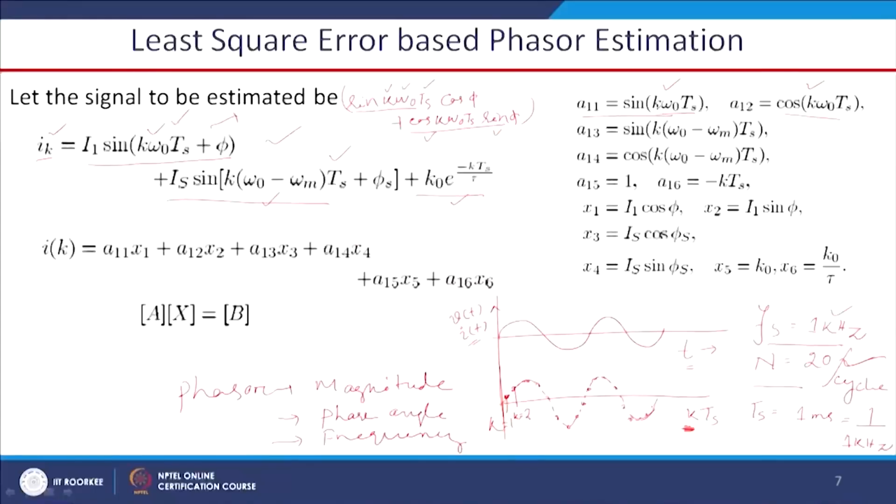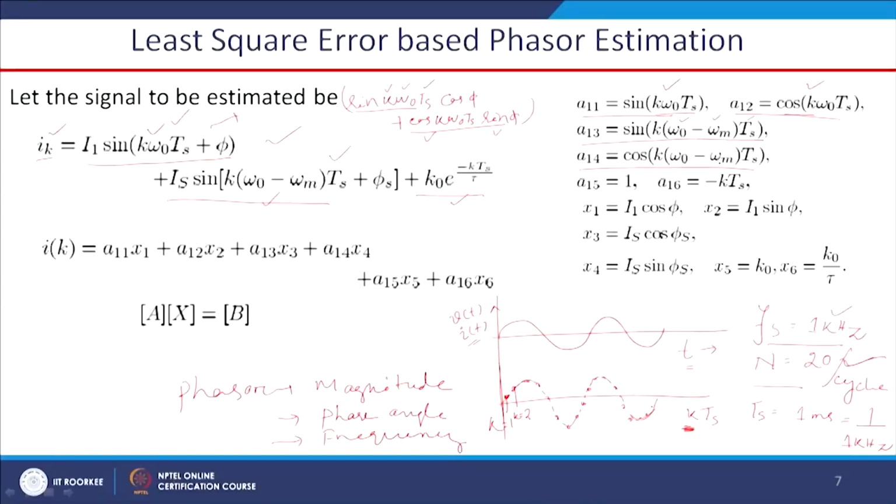That is what we have designated as A11, the first known quantity, A12, the second one which is also known to us, and the third one we name A13, that is also known to us, because ω0 and ωm, the fundamental frequency and the subsynchronous frequency component, are both known to us, and Ts is also known to us.